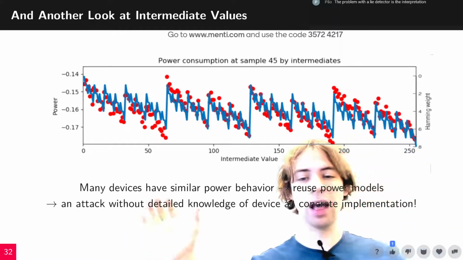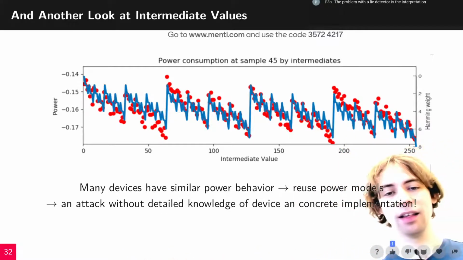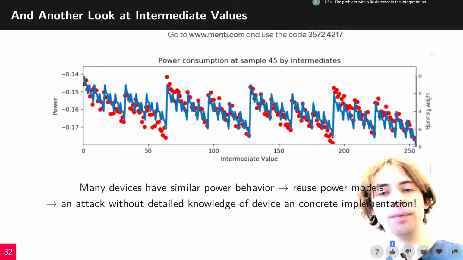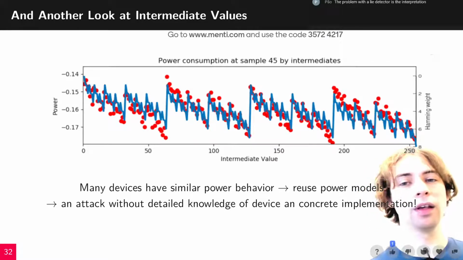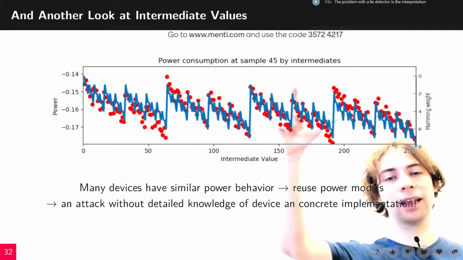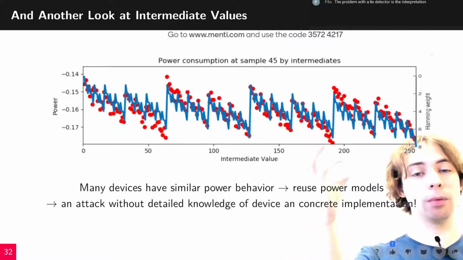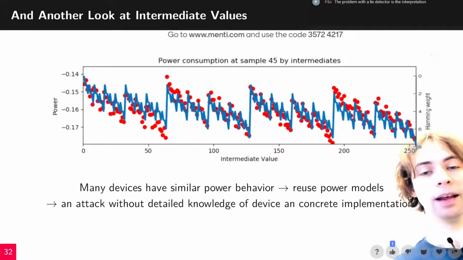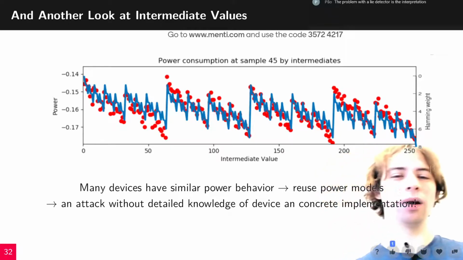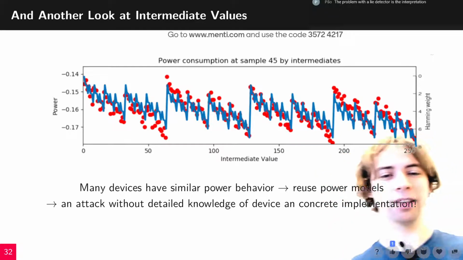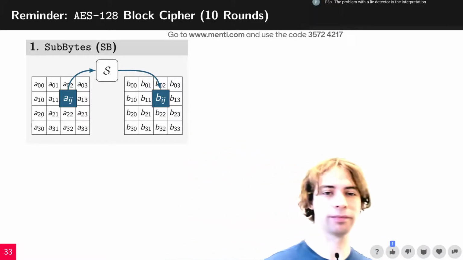An attack without detailed knowledge of a device or a concrete implementation might be possible with this type of attack, because now you know how this device might behave based on a model instead of the concrete implementation. So it gives you some advantage. You still need to know approximately what the device does, but maybe less knowledge is required.